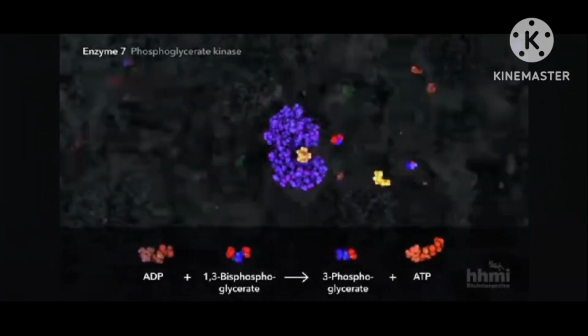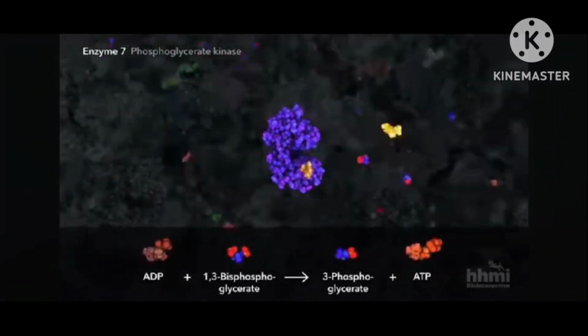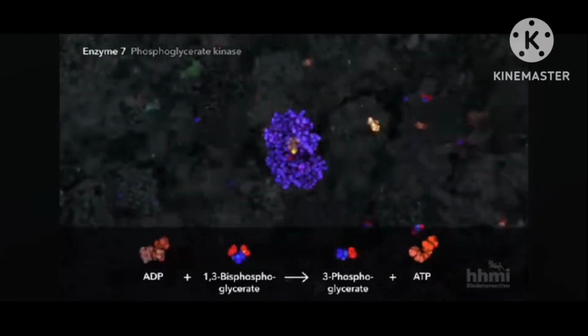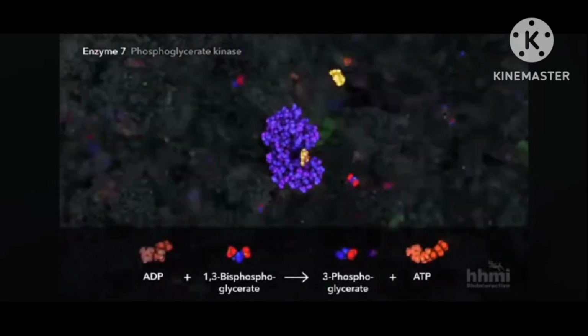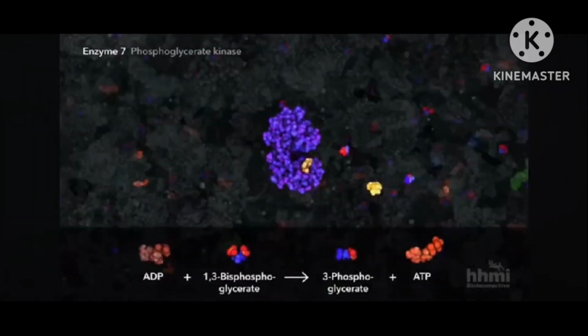The 7th enzyme transfers a phosphate group from 1,3-bisphosphoglycerate to ADP, creating chemical fuel, ATP.